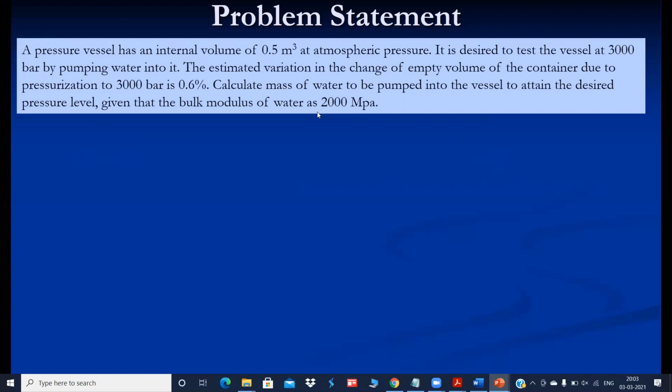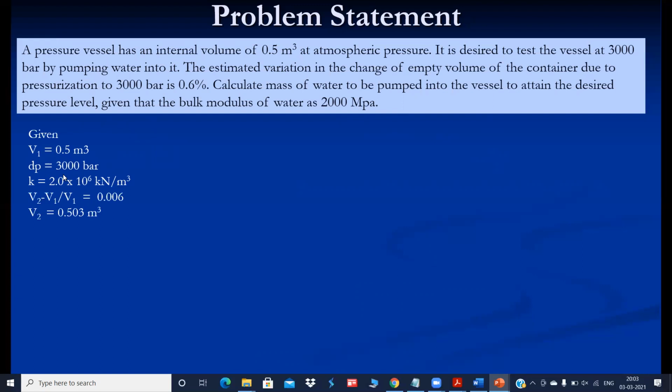Calculate the mass of water to be pumped into the vessel to attain the desired pressure level. Given that the bulk modulus of elasticity of water is 2000 megapascal. Now the volume is given, the pressure vessel has an internal volume of 0.5 meter cube.